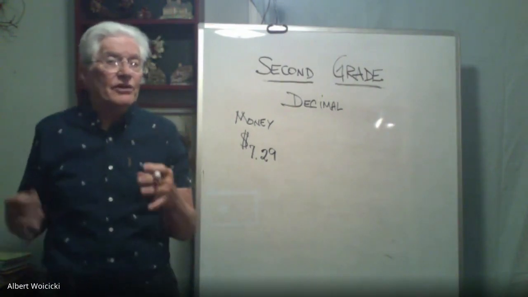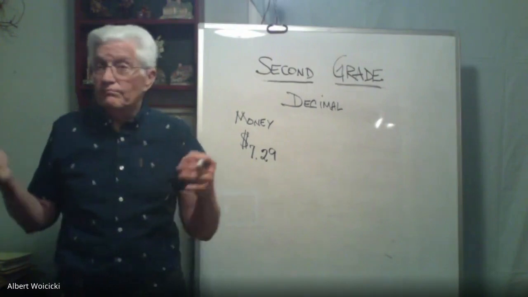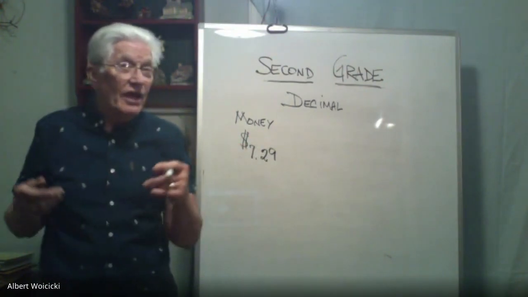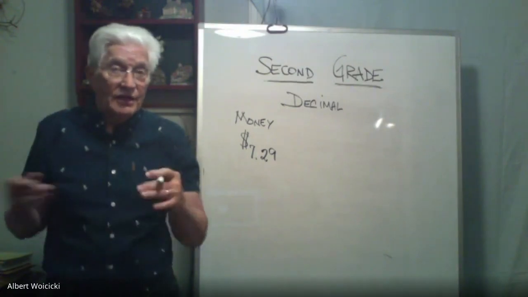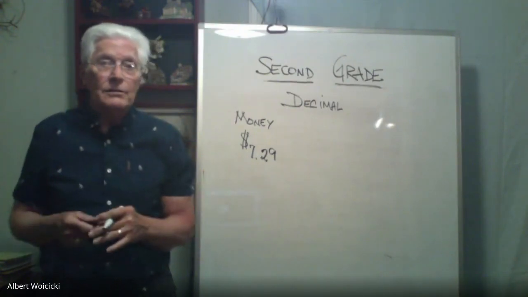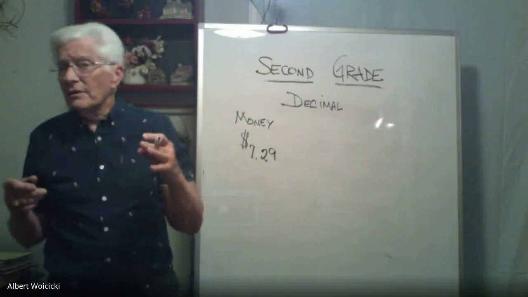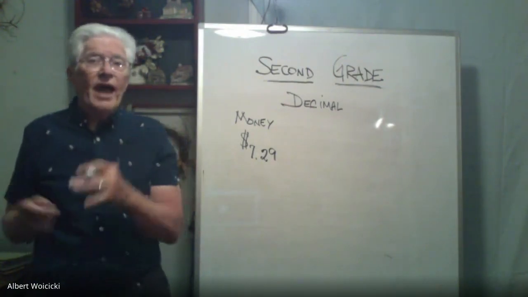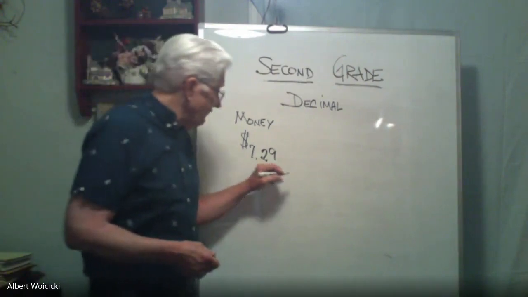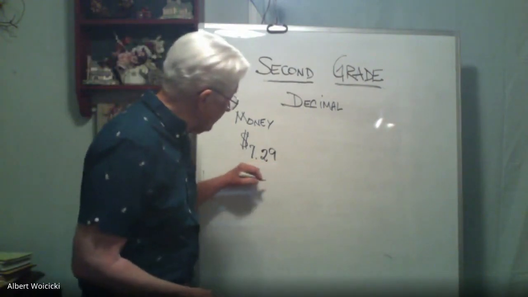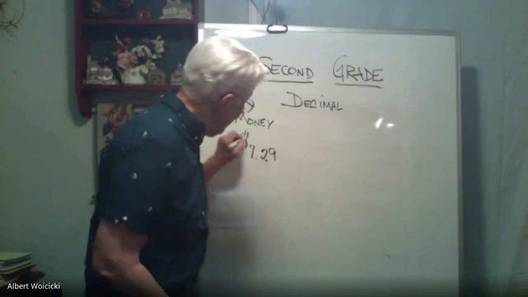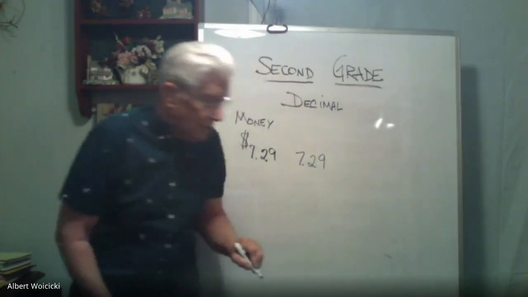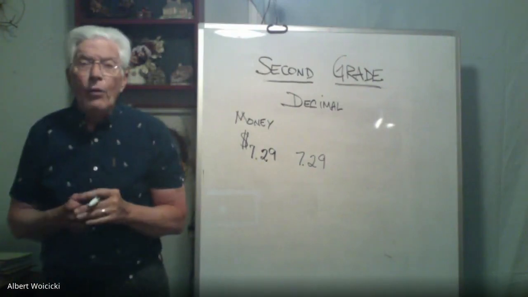Now you might ask them also, 29 cents. How many cents are in a dollar? And everybody may not know, or they may have to think about it a while to get the fact there's 100 cents in a dollar. But that's really, really important, because what you need to ask them next is if they know this is $7.29, if I drop the dollar sign and I write this, now what is it?